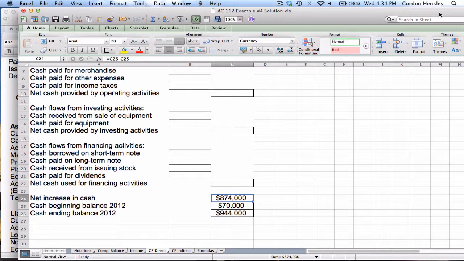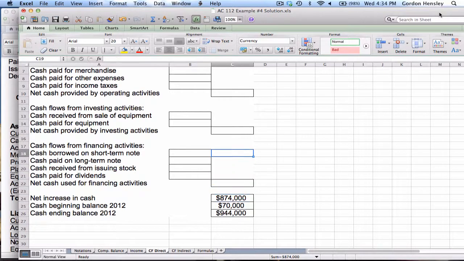So cash increased $874,000 during the year. And that particular number of 874,000 is a very important number. Since I have this number in advance, that is going to be my check number later on. And I'll be able to use that to make sure that everything is correct.